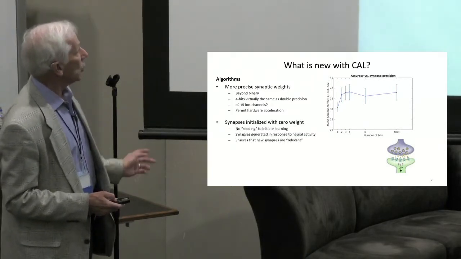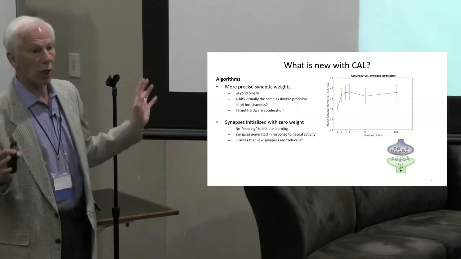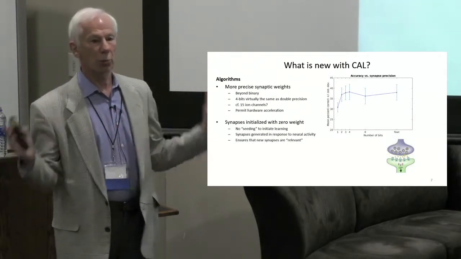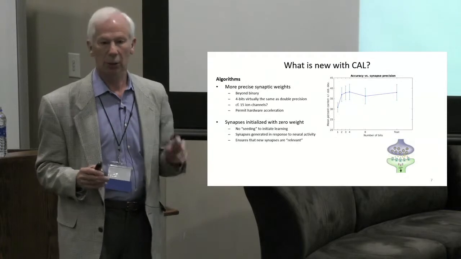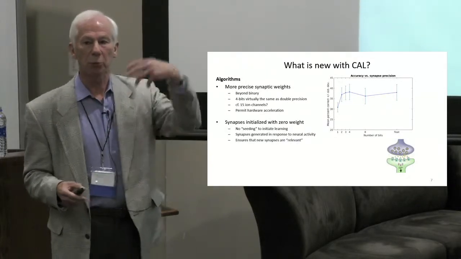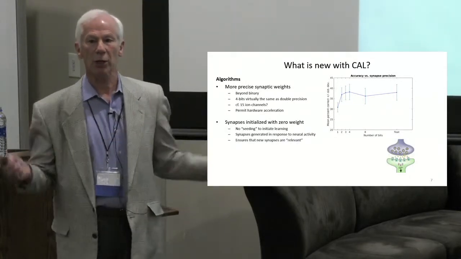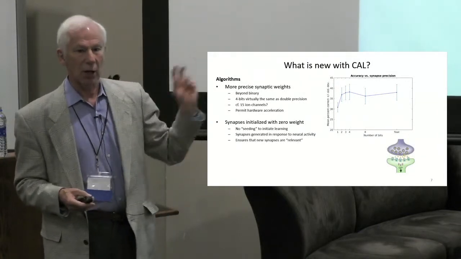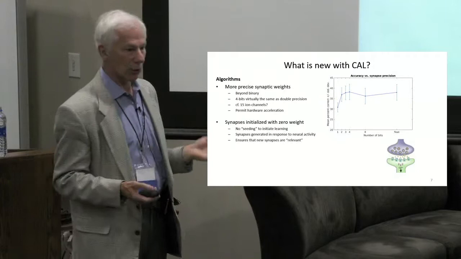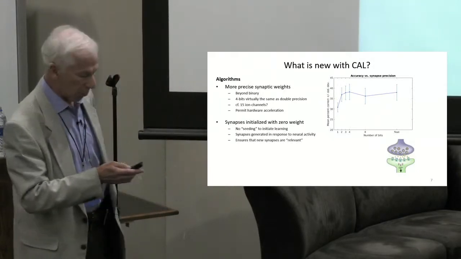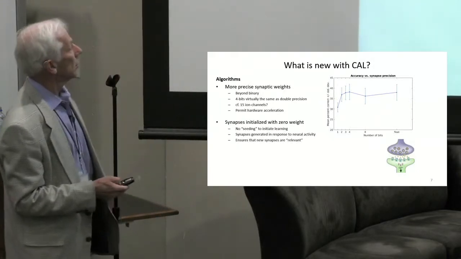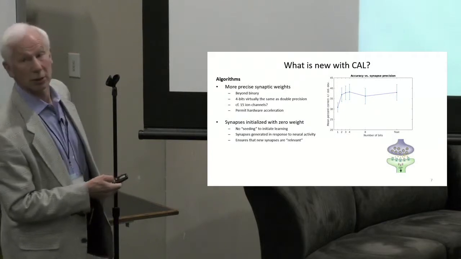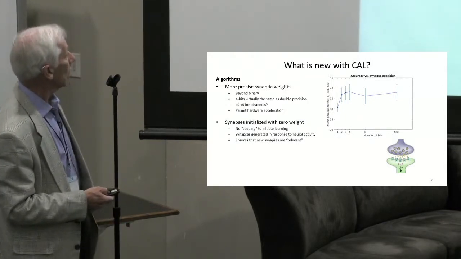The second change is we now initialize with no synapses connected whatsoever. So this is not a baby that's born with too many synapses. This is a fetus in the womb that is developing from having no synapses at all and already starting to make them in response to whatever stimulation it gets.